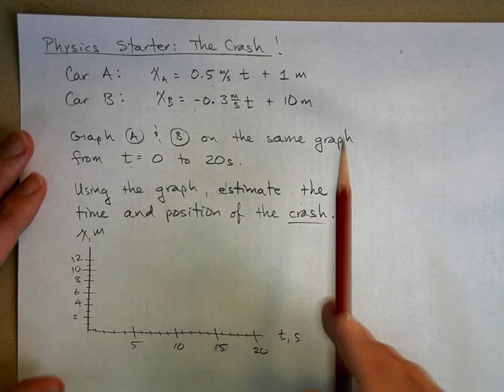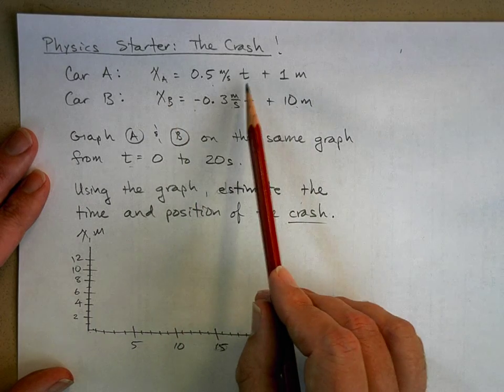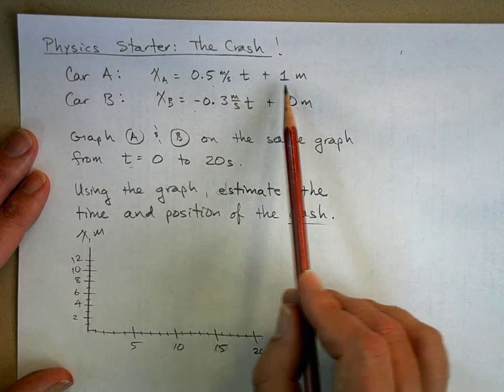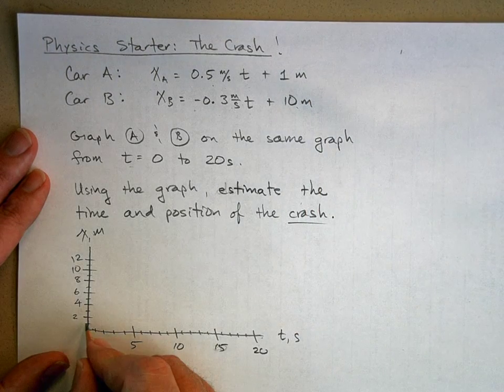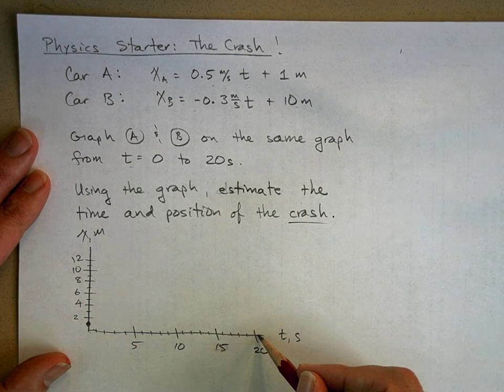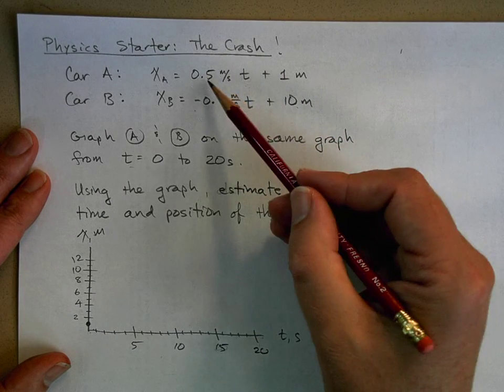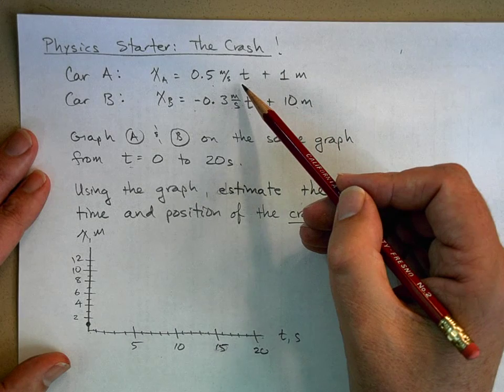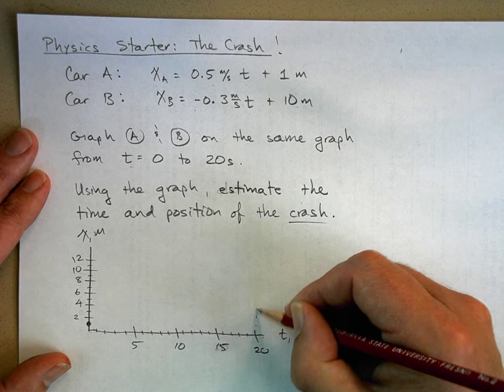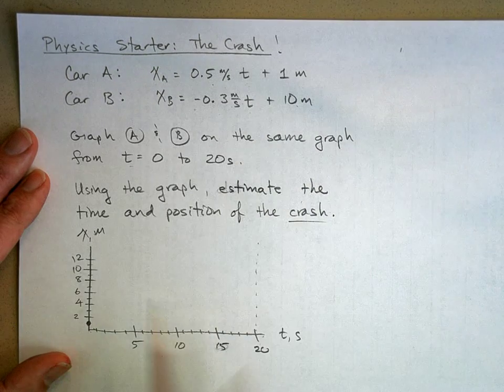And now I'm going to plot car A. So at t equals 0, this part goes away, and I'm left with x equals 1 meter. So that's right here. And then at 20 seconds, we already did this. At 20 seconds, 0.5 meters per second times 20 is 10, plus 1 is 11. So at 20 seconds, it's going to be at 11.